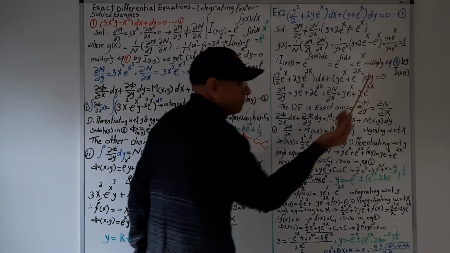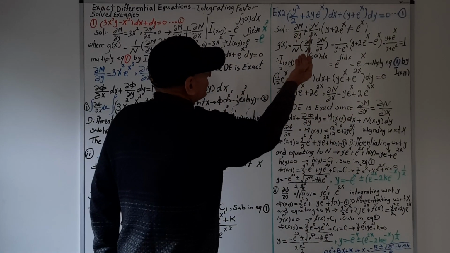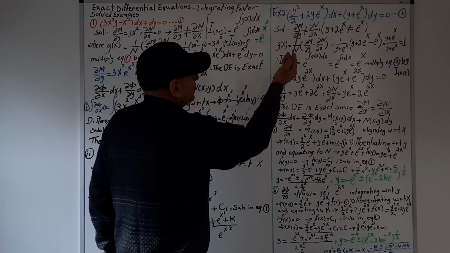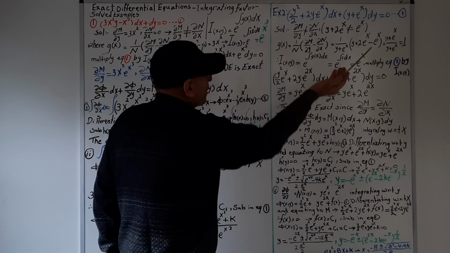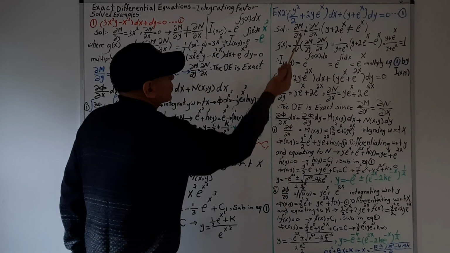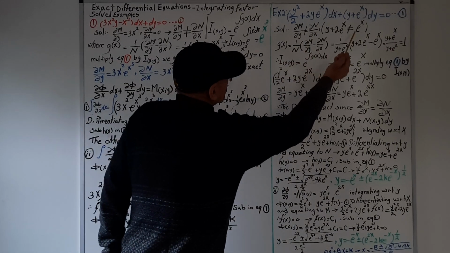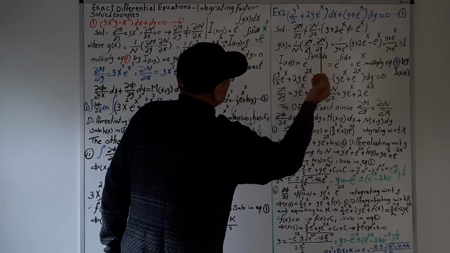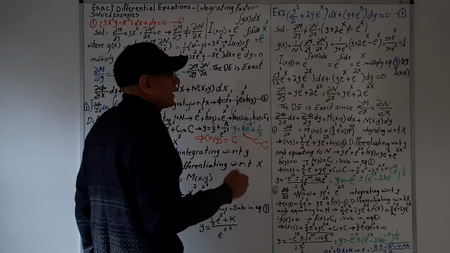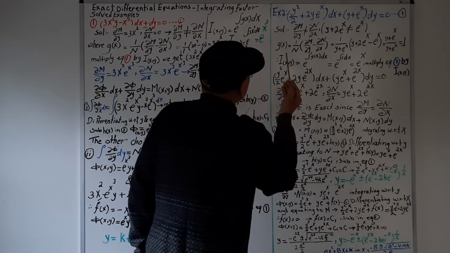Here, again, we took the partial of M with respect to y, which doesn't equal the partial of N with respect to x, so they are not equal. So we try to find an integrating factor that is a function of x.